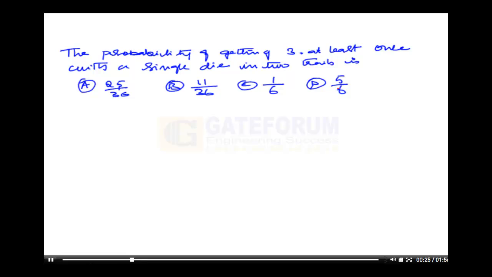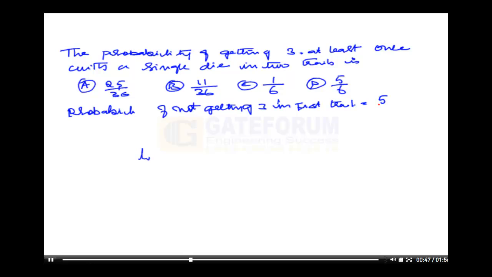So what we do here, first we shall find out the probability of not getting 3 in the first trial, equivalent to 5 by 6.